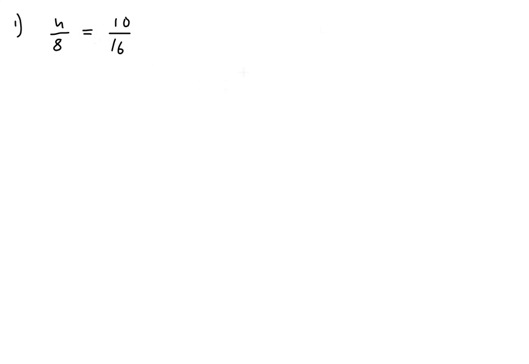It means equation. So you have a balance. You have something like this here, and it should be balanced, so it should be a straight line. And here you have something, and here you have something. In this case you have n divided by 8. In this case you have 10 divided by 16. And now the question is, what is n?